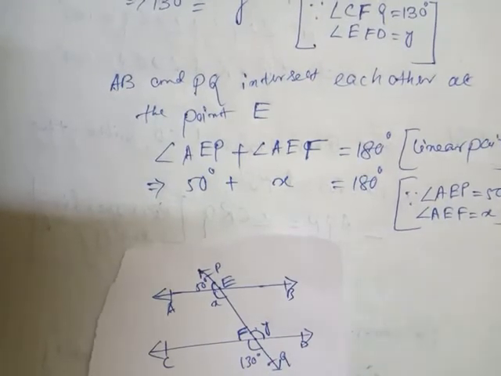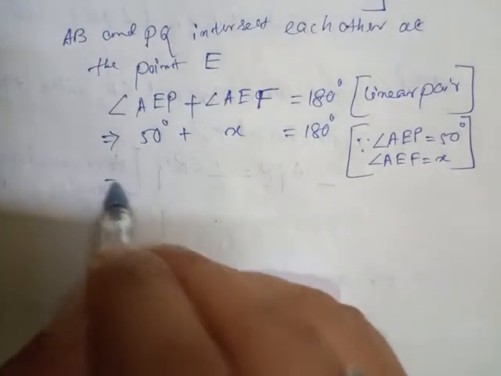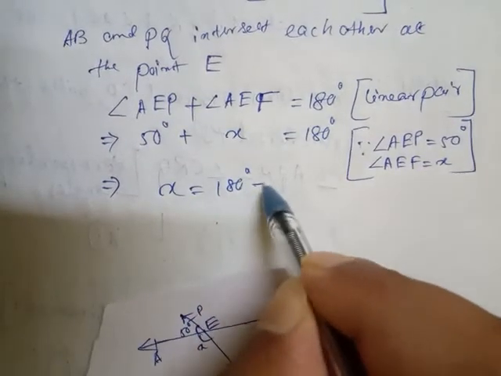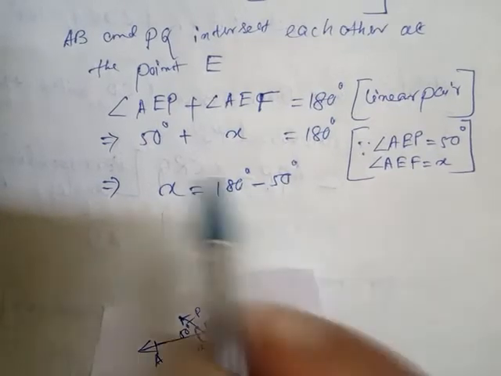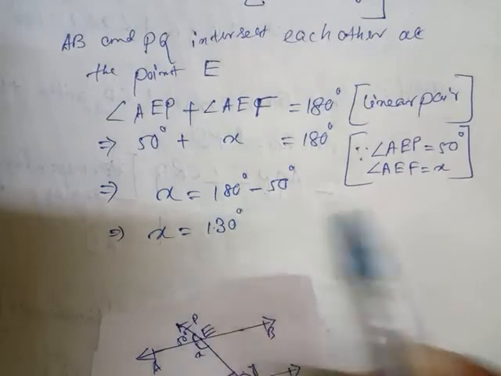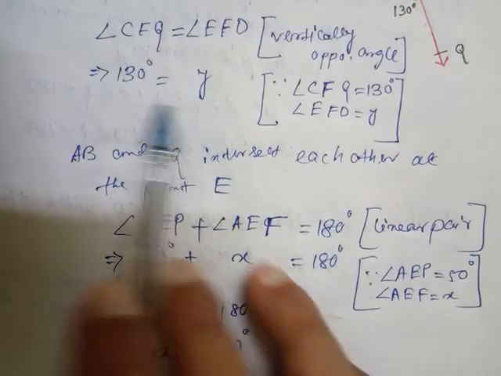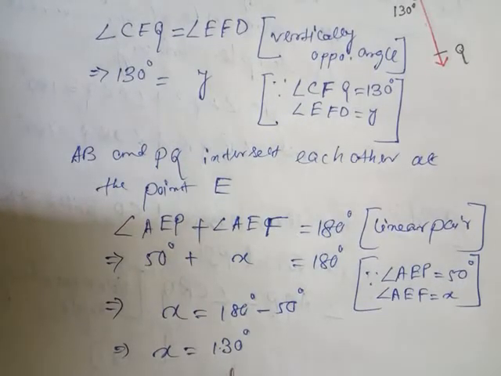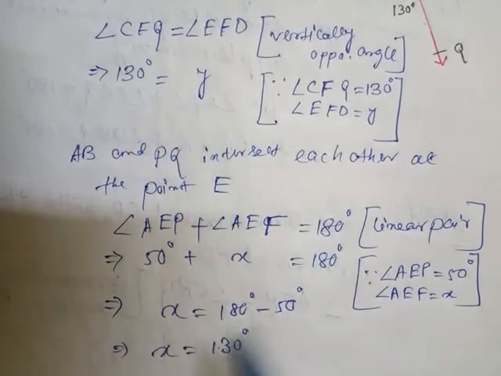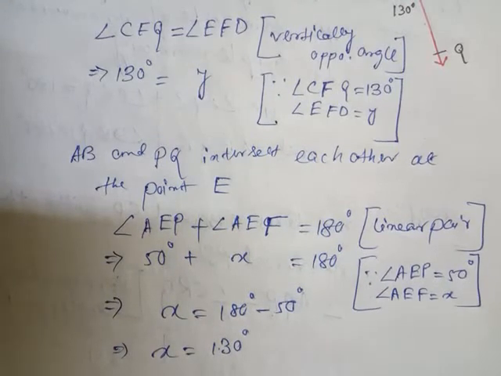Now look after that. Now look student, x is equal to 180 degrees minus 50. So x is equal to how much? 130 degrees. Look here student, the value of y is also 130 and the value of x is also 130 degrees. So x is equal to y, it is true because these two values are equal, and we have to find the value of x and y.